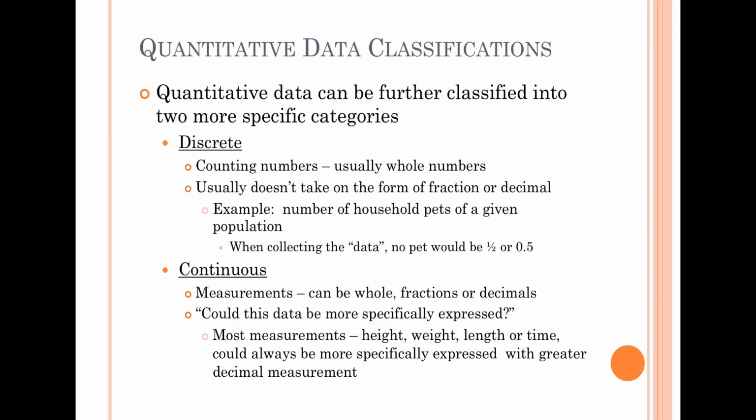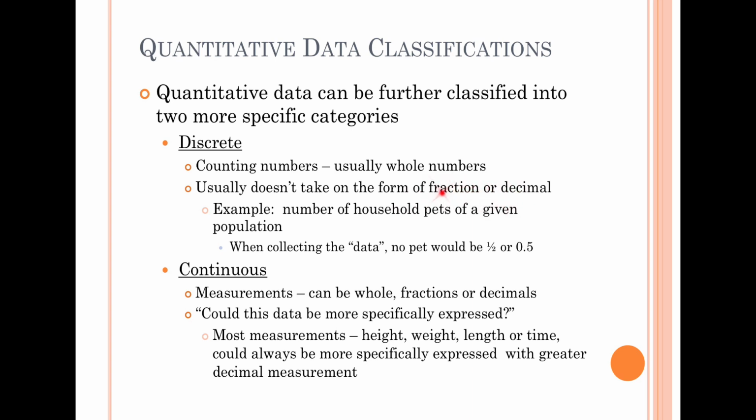Now we can actually take our quantitative data and further classify it and distinguish between data that's counts and data that are measurements. So for data that are counts, we call those discrete data. So discrete data are counting numbers. They tend to be whole, usually because when we're counting, we don't take fractions or decimals.